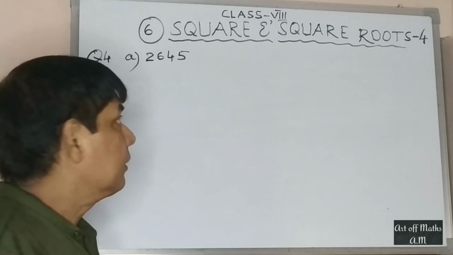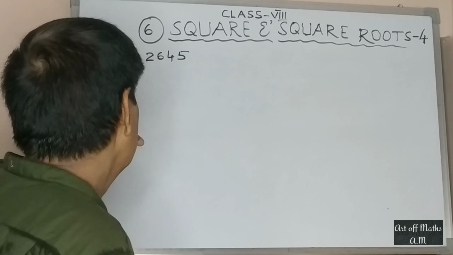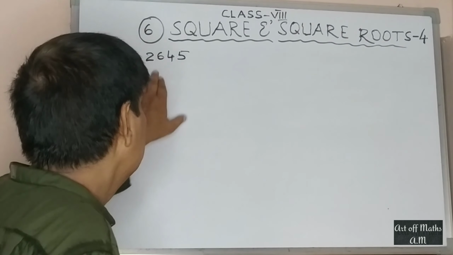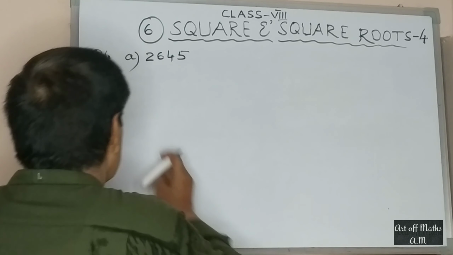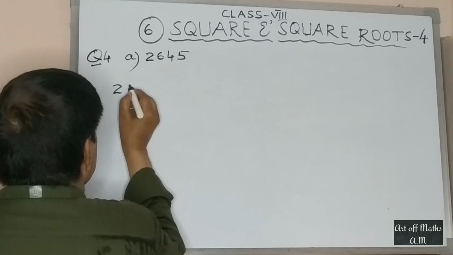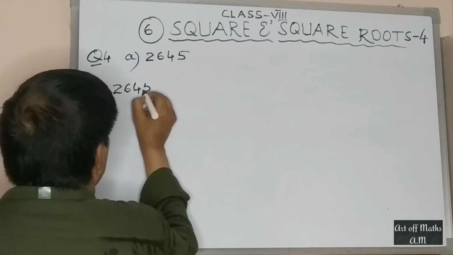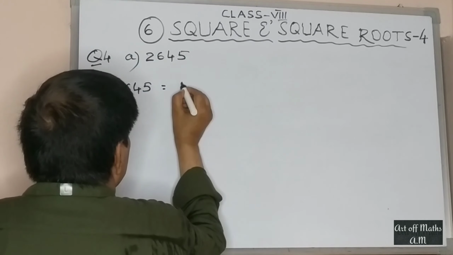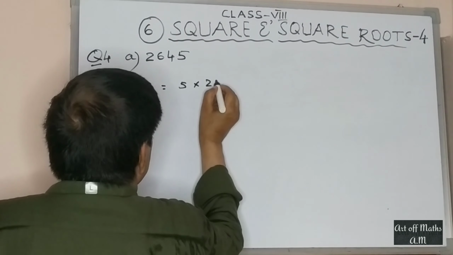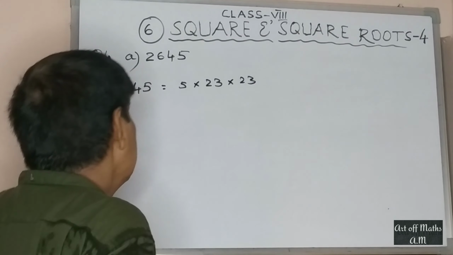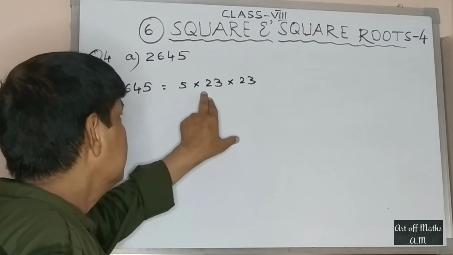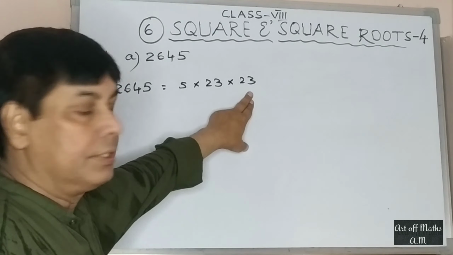This is the first part of question 4. 2645. Obviously, it is not a perfect square number. 2645 is 5 into 23 into 23. It is unpaired. This number is paired.